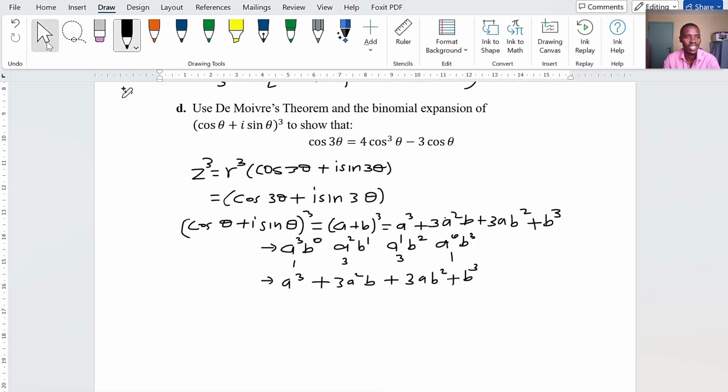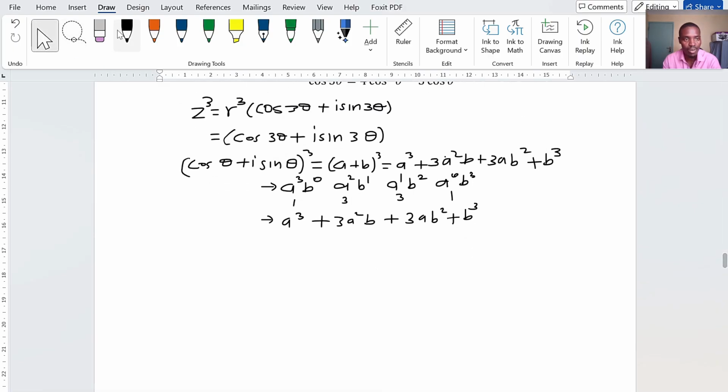So it's just the same thing. You don't need to cram that, just use the normal expansion. So applying that to our problem, our a is cos theta, and our b is i sine theta. So let's move.